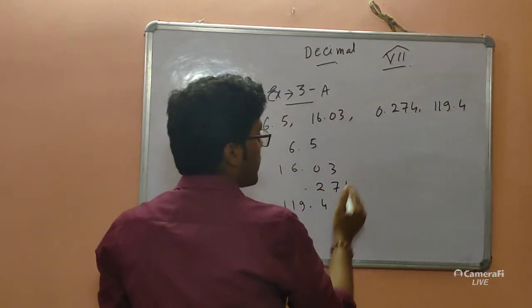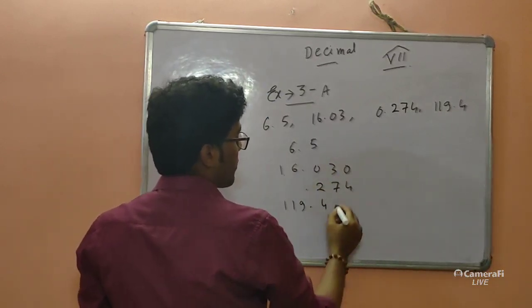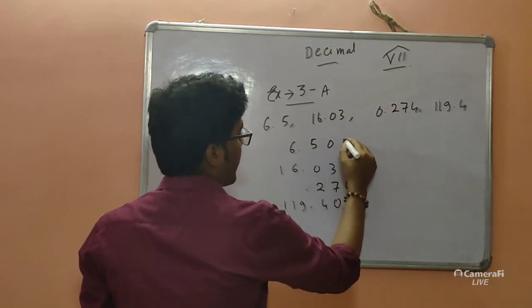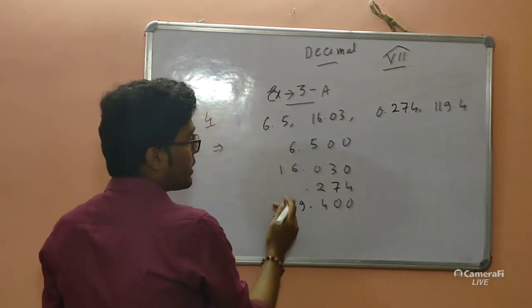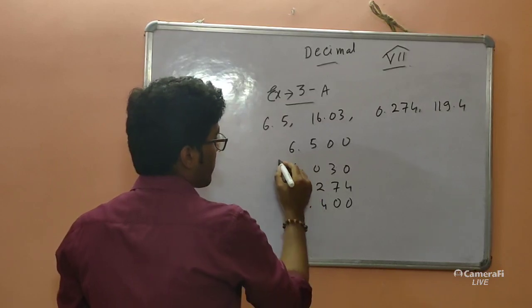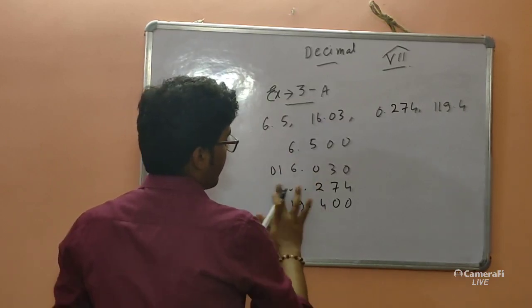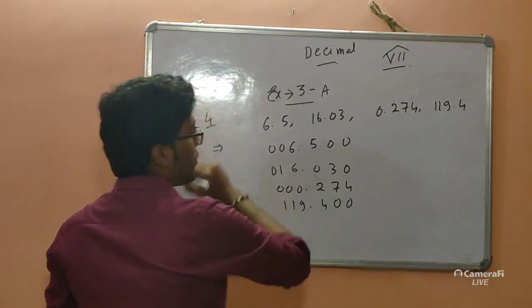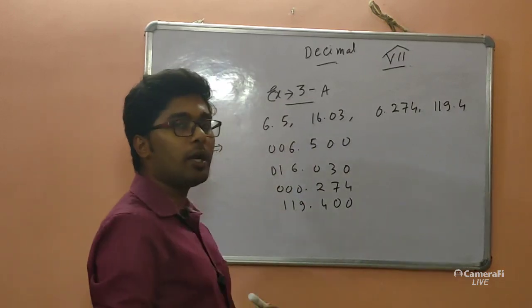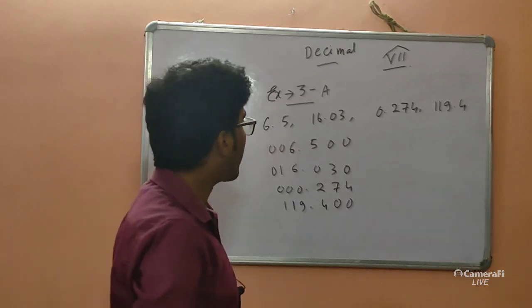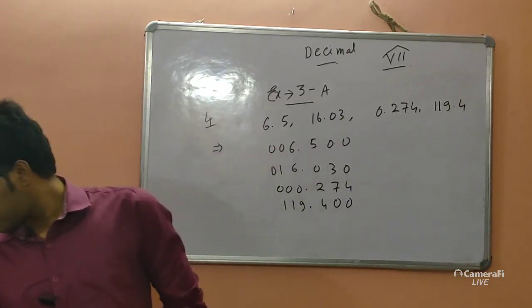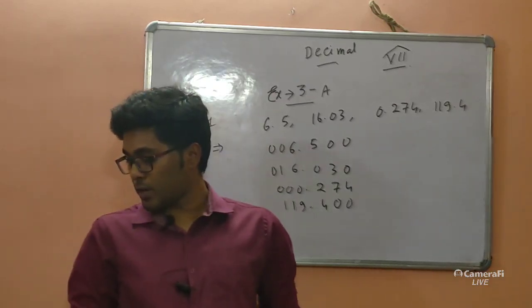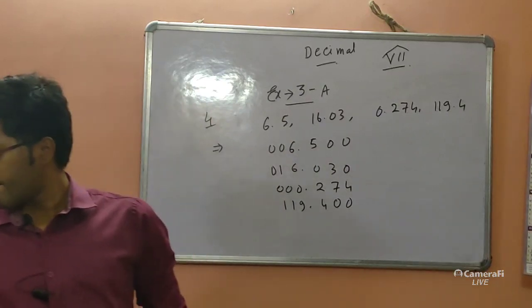Here it is 3 digits, so make it 3 digits. Okay, here before the point 3 digits, so make it 3 digits. Okay, so very easily we can convert them into like decimals. Okay, let us solve the next one, question number 5 then.